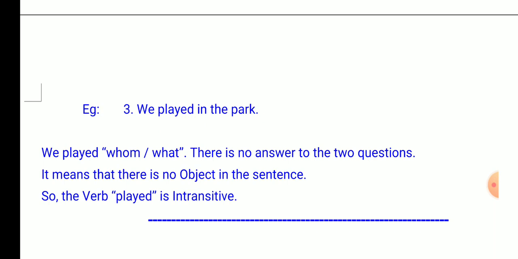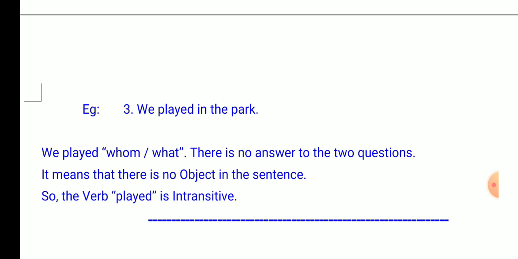Do you get any answer? There is no answer to the two questions. What does it mean? It means that there is no object in the sentence. Since there is no object, we say that the verb played is intransitive.